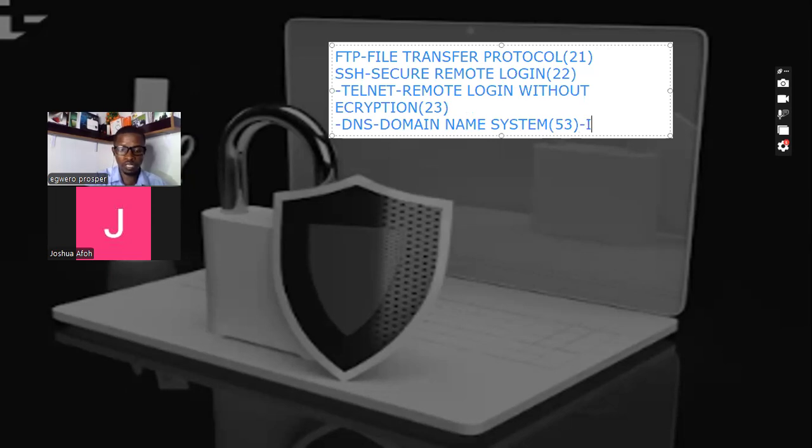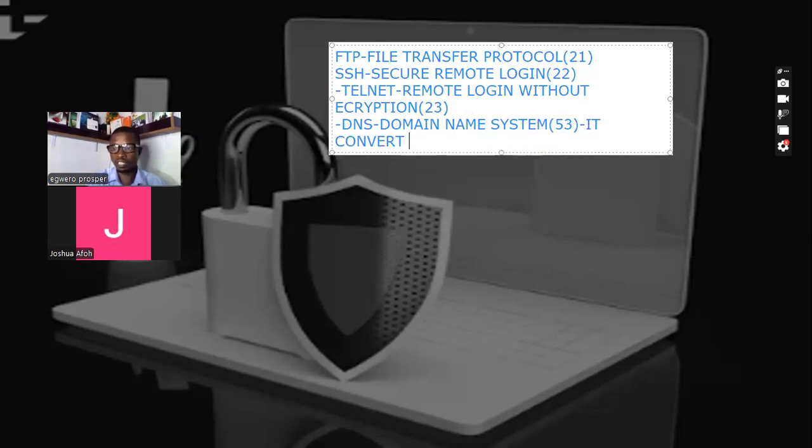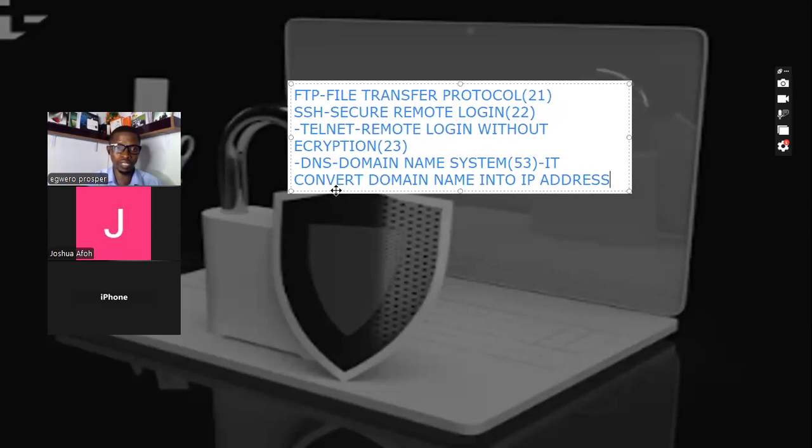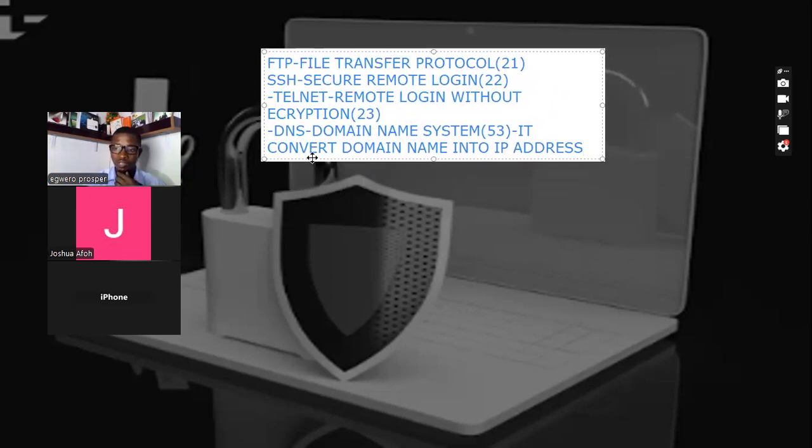So it converts domain name into IP address. Are you with me? Now, do you know that every website has an IP address, and you can use that IP address to log in instead of typing www? That IP address that we have discussed starts with 192.168, probably 0.1 and so on.